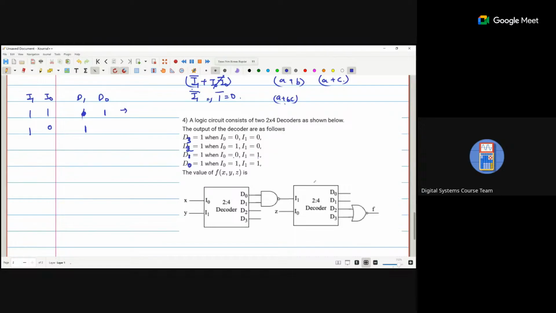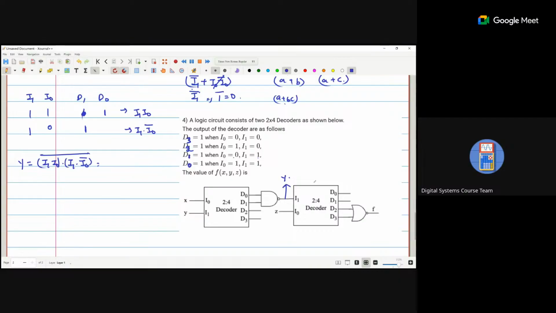So for this one, the term is I1 I0, and for this one, it is I1 I0 bar. We consider that this is Y. So what is Y? Y is (I1 I0 · I1 I0 bar) whole bar.